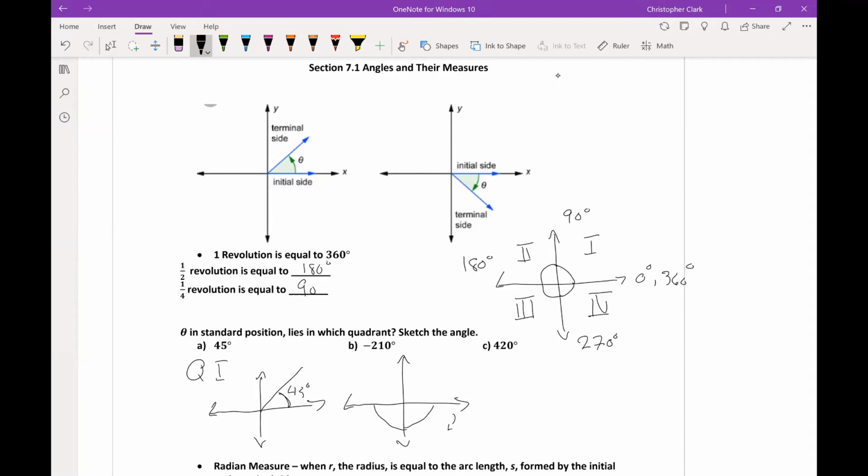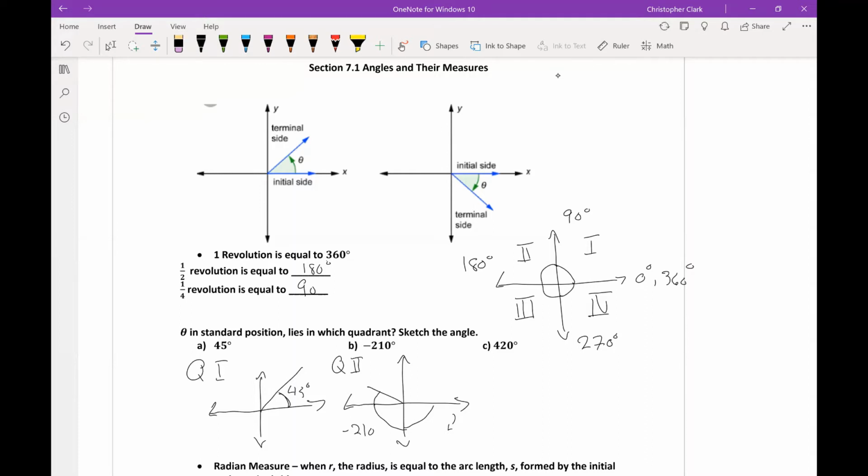So this is going to be, let's see, 30 past negative 180. So it should look something like this. This should be negative 210. And this puts it in quadrant 2. Right, quadrant 1 is this one, quadrant 2 is this one.